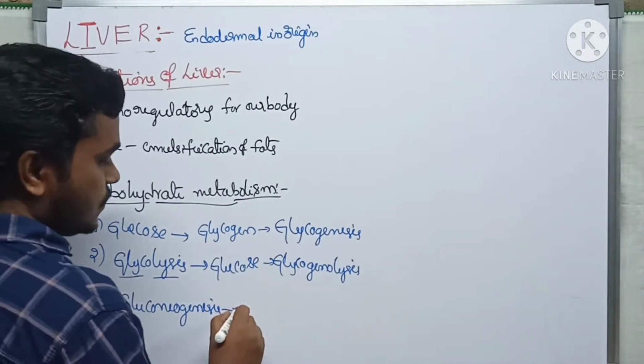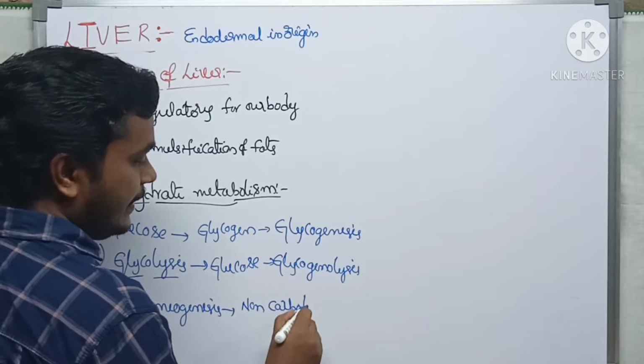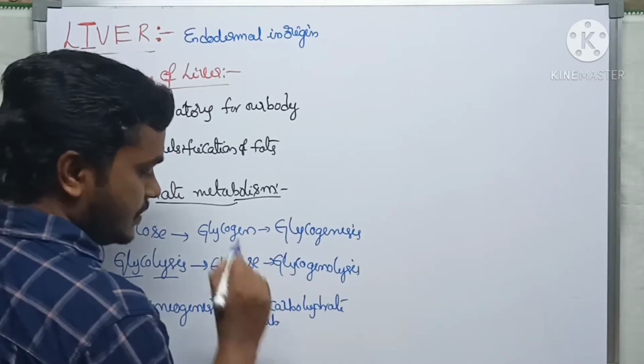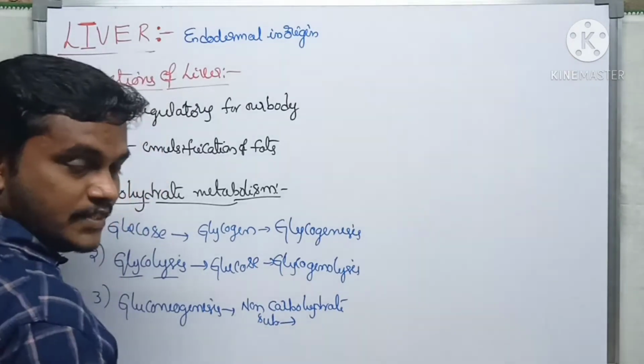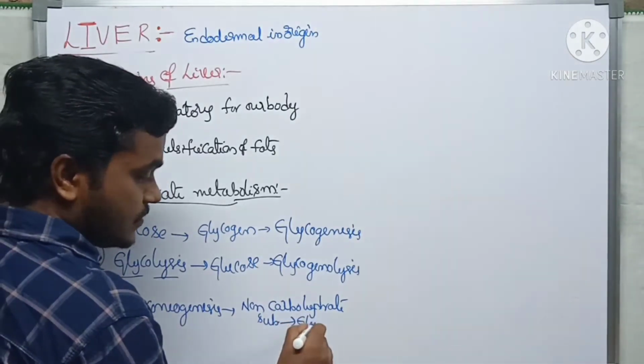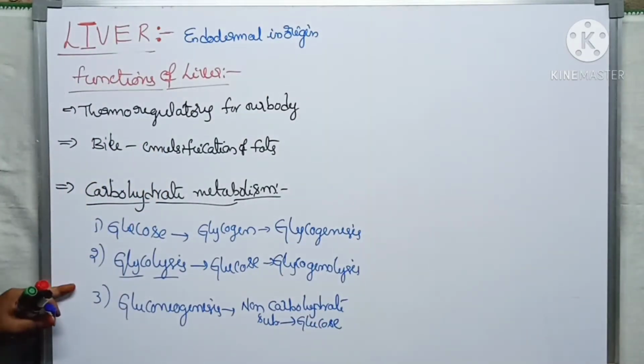Remember this one. From these non-carbohydrate substances, the liver sometimes prepares glucose. These are the three processes conducted by our liver.